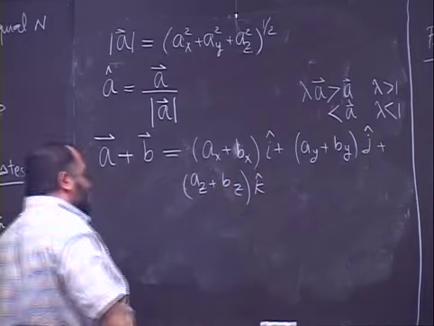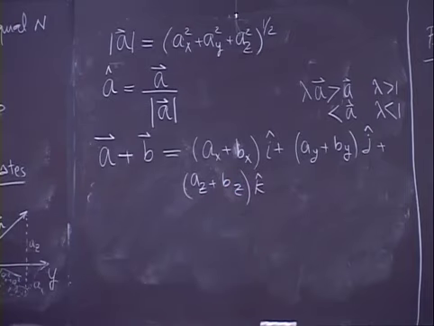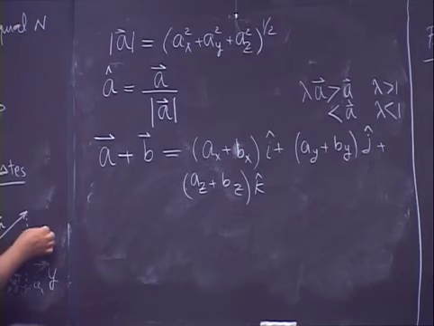This is very simple, because if you have two vectors, you have the components, and vector A will have AX in this direction, and vector B will have BX in this direction.